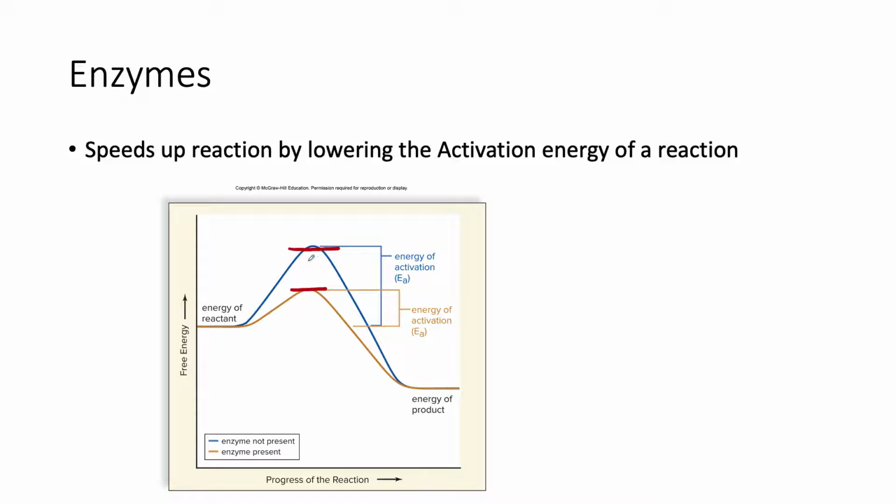And so what we have found is that in the human body, we have a very limited supply of energy. And if we had to put this much more energy into every reaction that happens in the body, either synthesis or hydrolysis reactions, we wouldn't have enough and the reactions wouldn't happen fast enough.